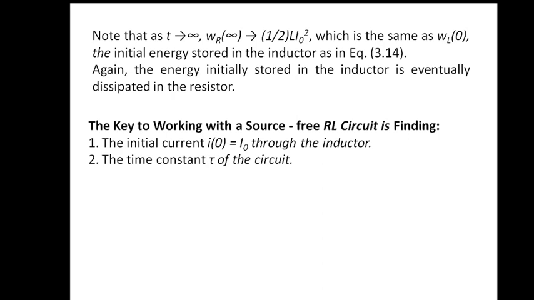Till now we have discussed mainly the circuit response, and after that we found the voltage across the resistor, power dissipated in the resistor, and energy absorbed by the resistor. These points mainly we have discussed in this video.